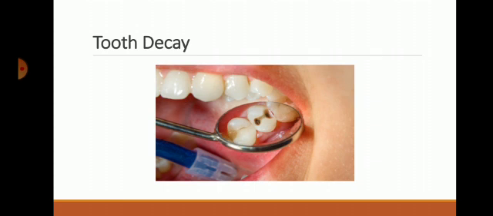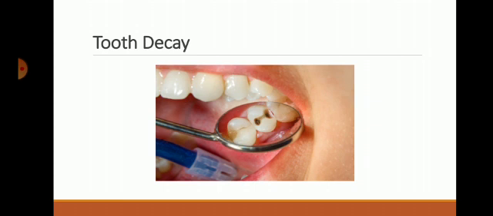It is moved between two teeth to take out trapped food particles. Then the fourth one: dirty fingers or unwashed objects must be avoided in the mouth. Then the fifth one: we should avoid sweet chocolates, toffees and ice cream.